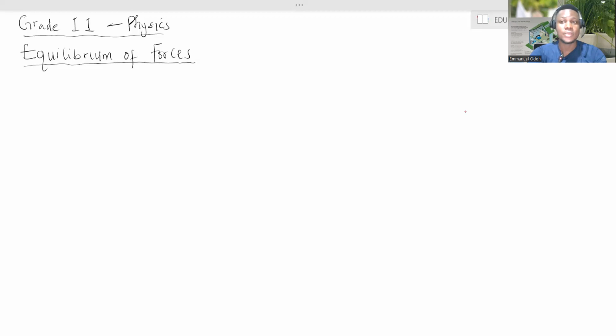You should be able to state the conditions necessary for equilibrium, understand what moment is, couple, and how these are applied, real life application of these concepts. And also at the end, you'll be able to solve numerical problems that involve equilibrium of forces.